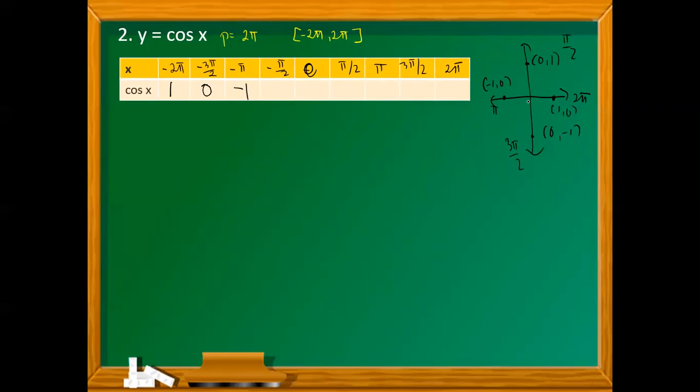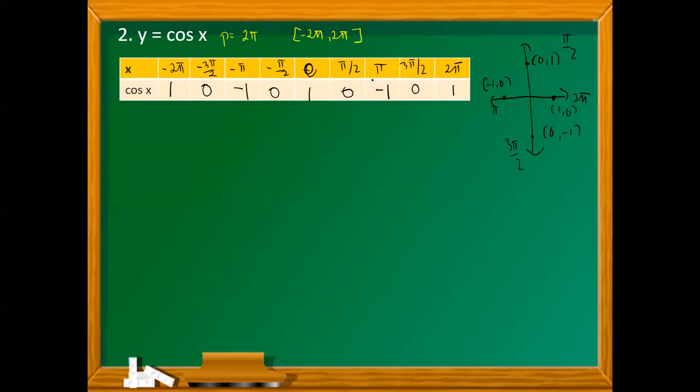Negative pi over 2 is coterminal with 3 pi over 2 and its x coordinate is 0. And then cosine 0 here will be 1. And then pi over 2, 0. And then cosine pi is negative 1. And then cosine 3 pi over 2 is 0. And cosine 2 pi is 1.